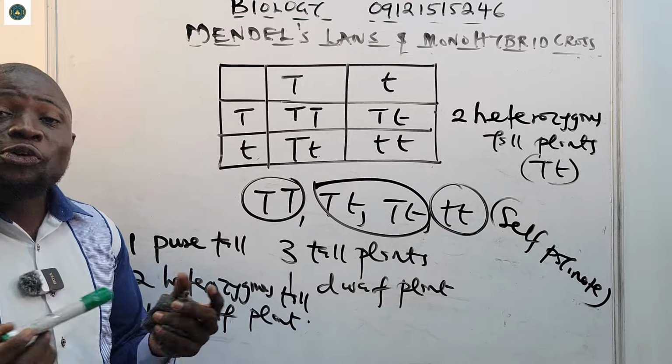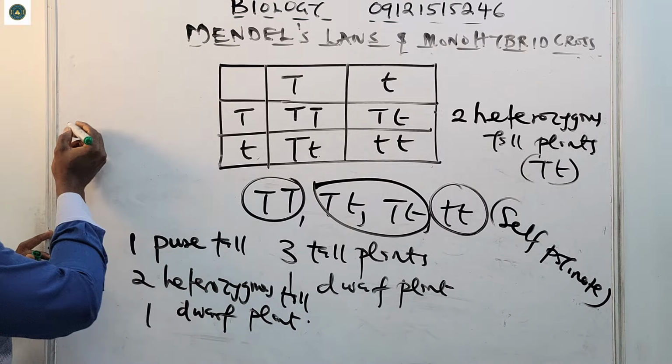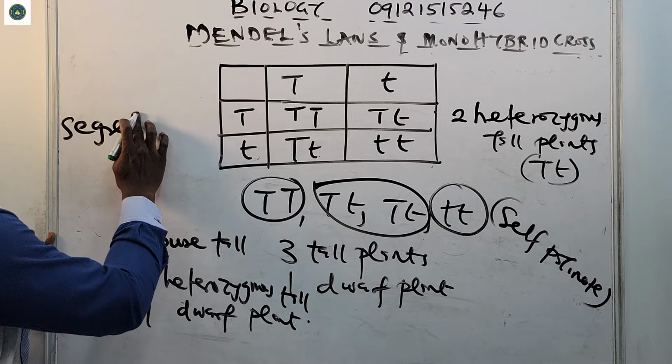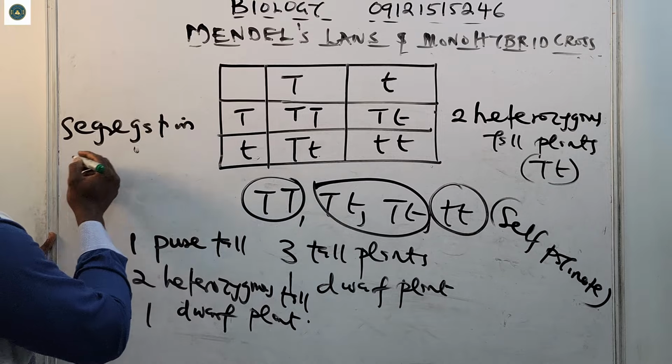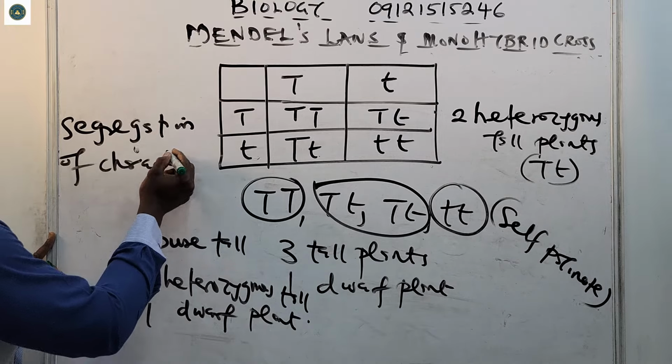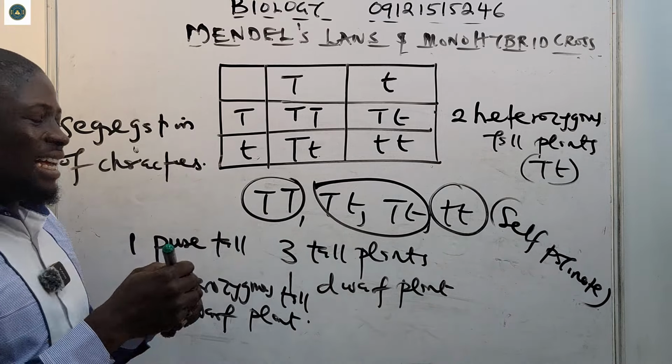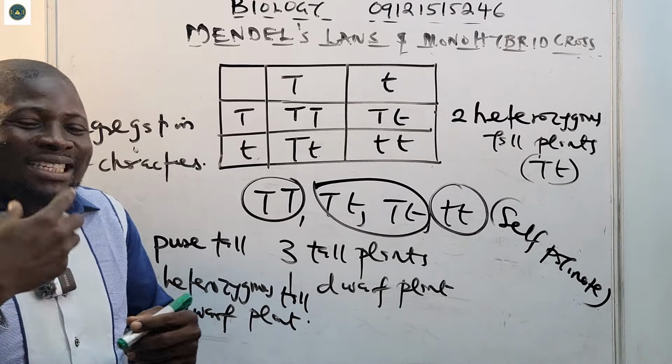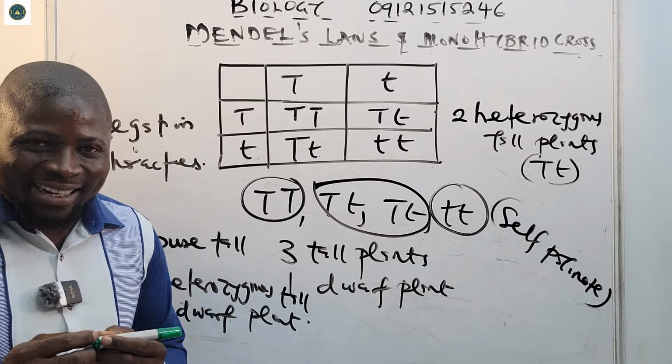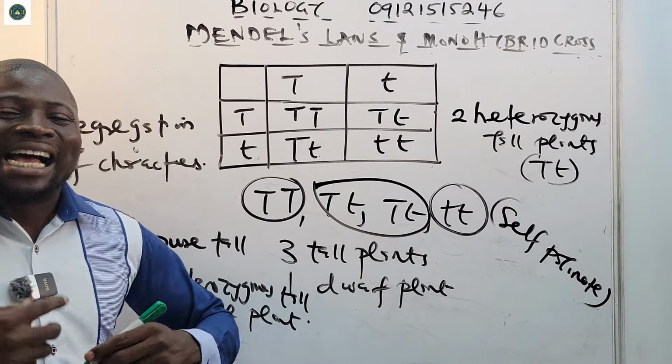So what do we observe? We observe that there has been segregation of characters. Segregation of characters has happened.